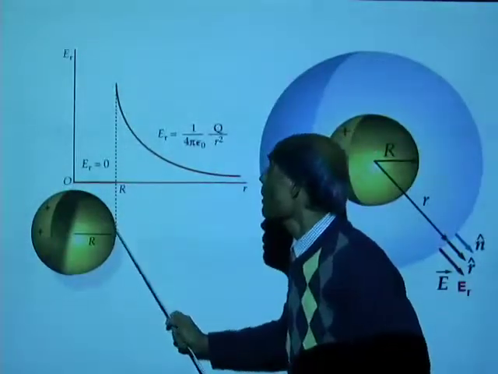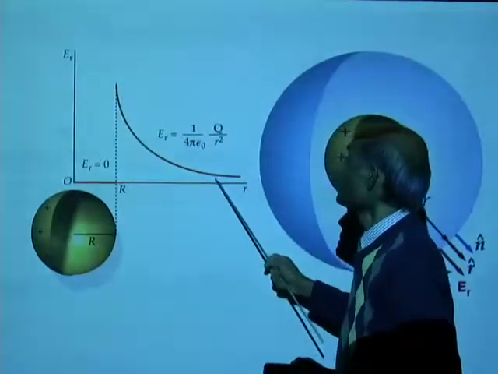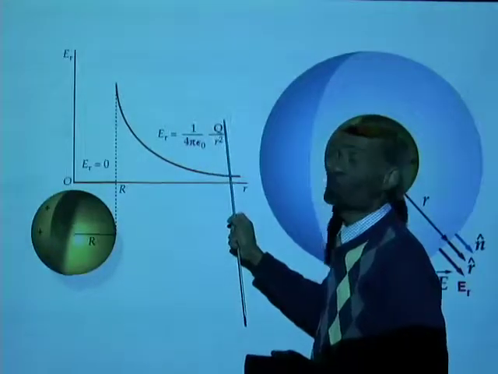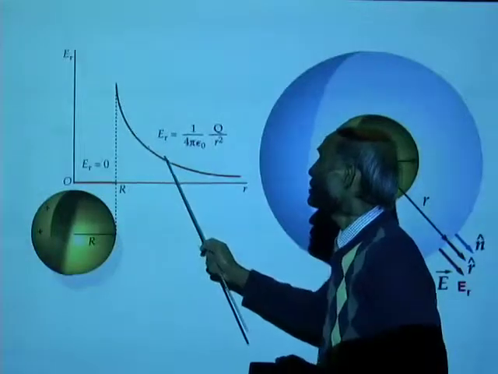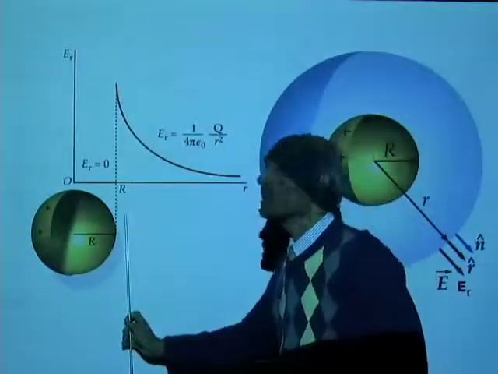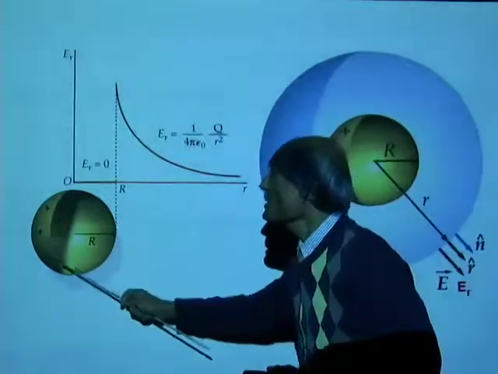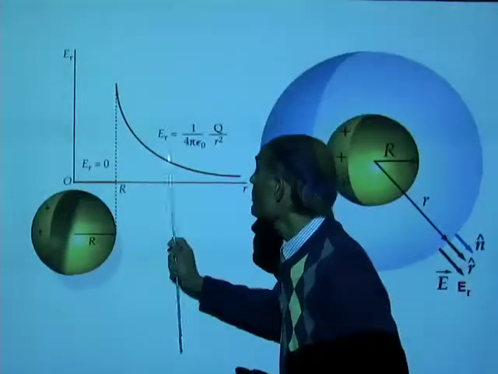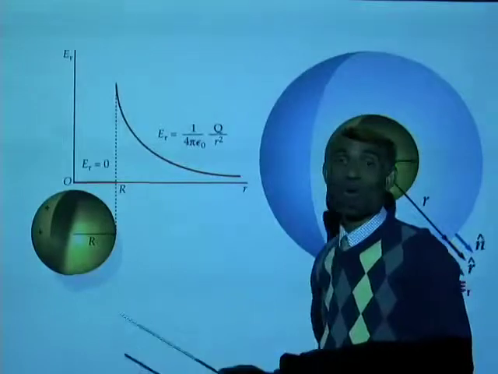And as you go away from the surface, the electric field decreases as 1 over 4 pi epsilon naught times q over r squared. This is the behavior of the electric field outside the shell. And at any point on the shell, the electric field will be k q over r squared.